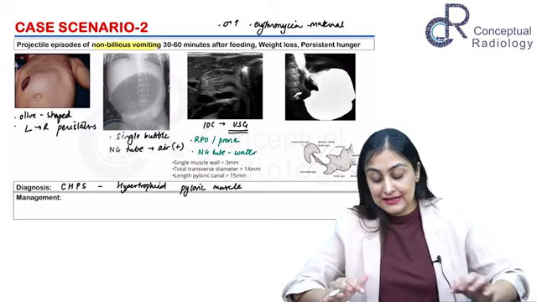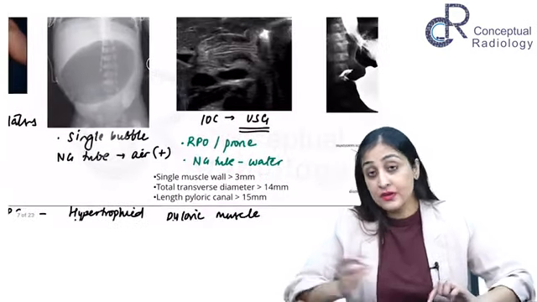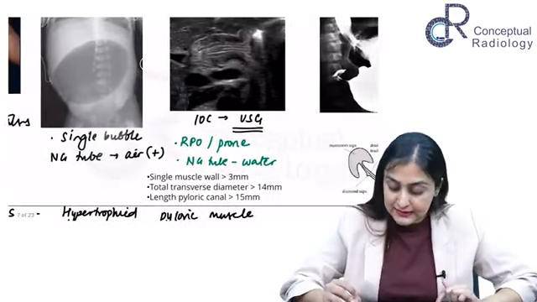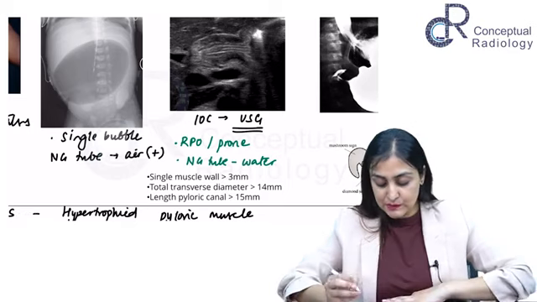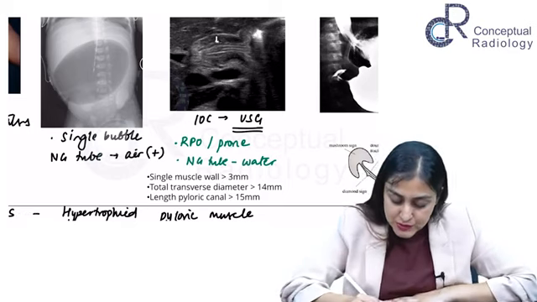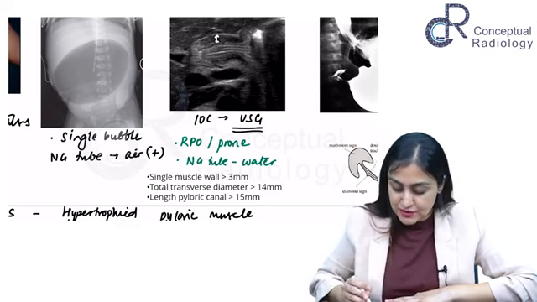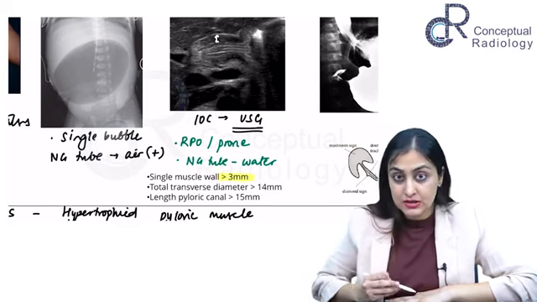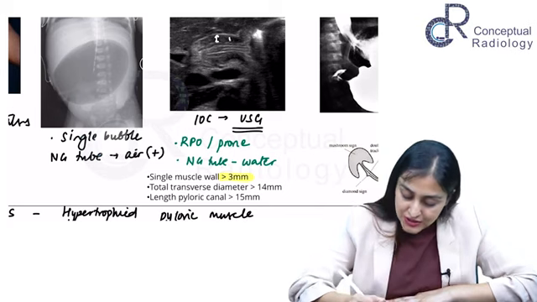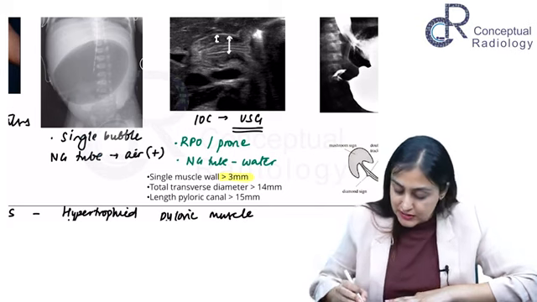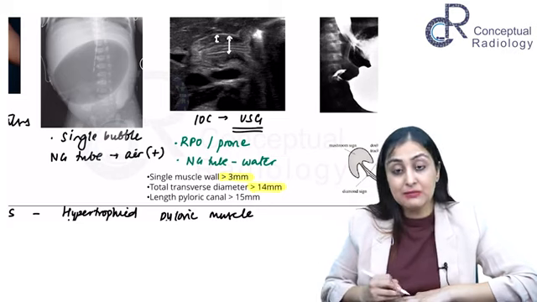There are criteria to diagnose CHPS. So here there are 3 numbers that you need to remember. If you take the transverse diameter of a single-sided muscle, that has to be more than 3 millimeters. If you take the total transverse diameter into account, that has to be more than 14 millimeters.